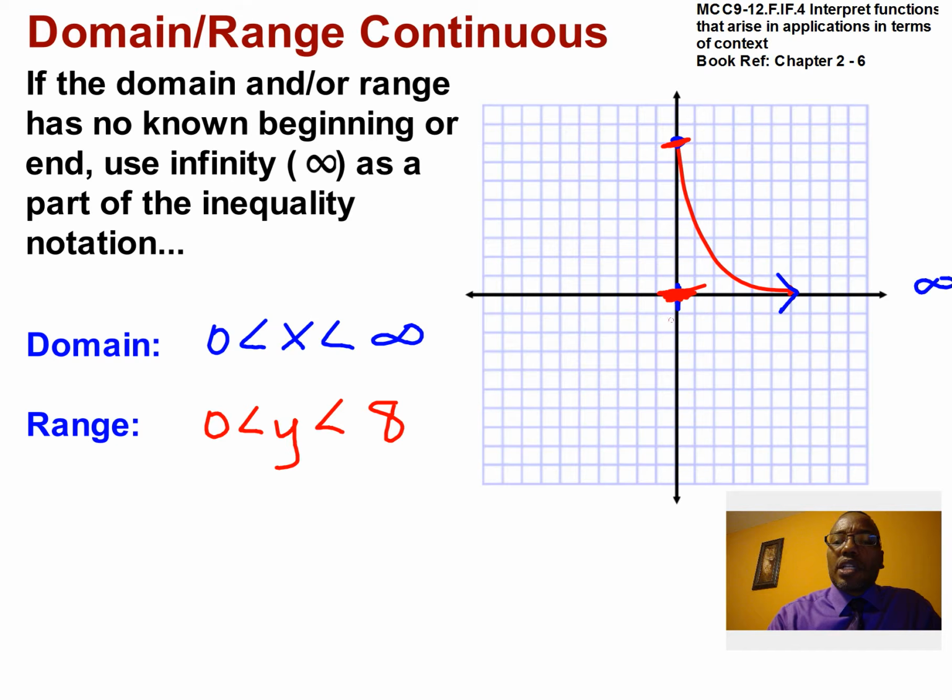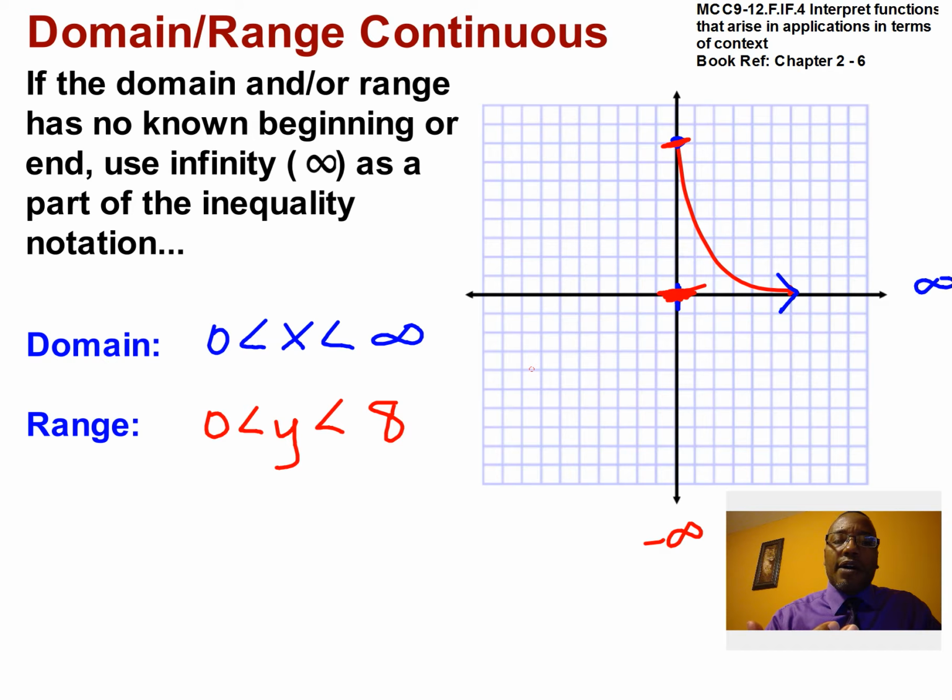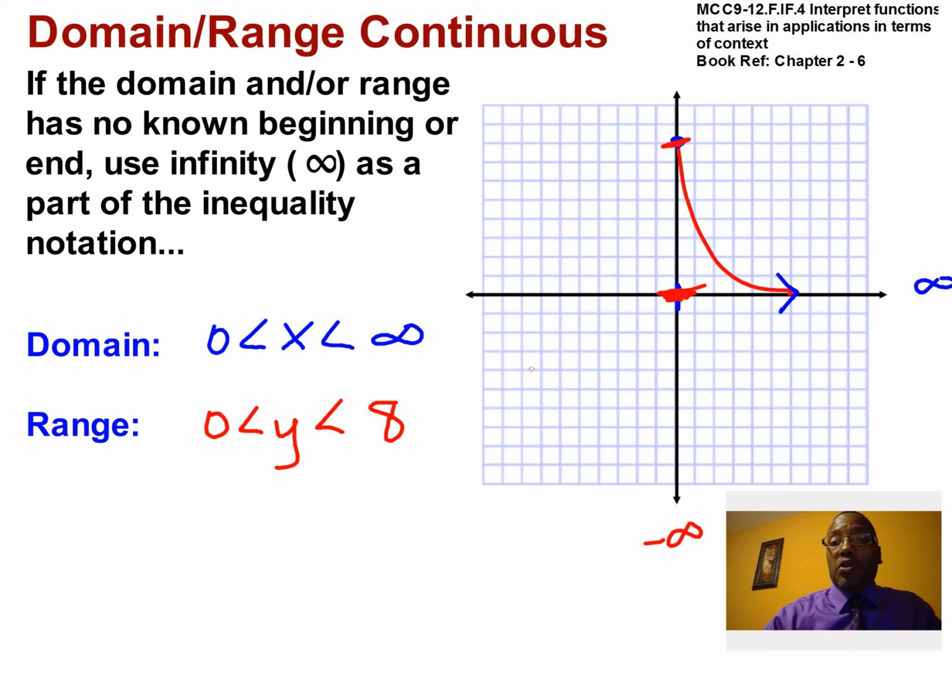Okay, so it doesn't go down here to negative infinity for the range. It stops here at y being 0. And we're going to talk a little bit about that when we get into the asymptote. Typically on the exponential functions, the asymptote comes into play as a part of the minimum or the maximum.